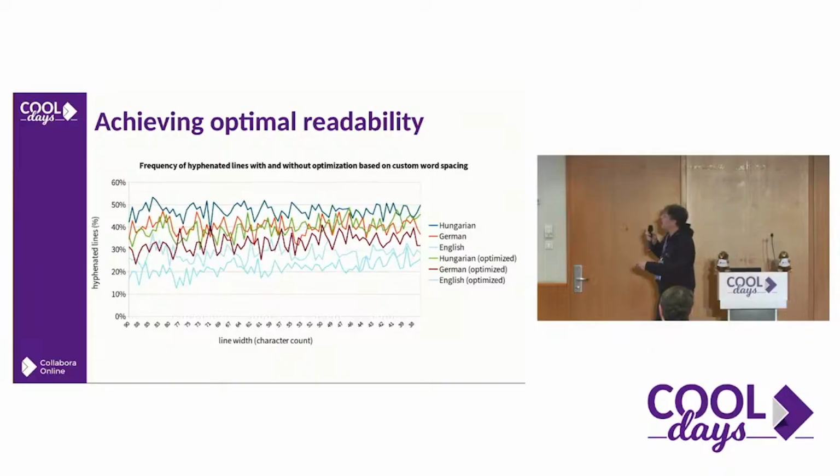I tested the same text, the Declaration of Human Rights, at 10 or 12,000 letters, with different line lengths. You can see the ratio of hyphenated lines fluctuates hugely. For small narrow lines, you need more hyphenation or bigger ranges for word spacing. So instead of 18, you can use 60% shrinking, for example, in the narrow lines.